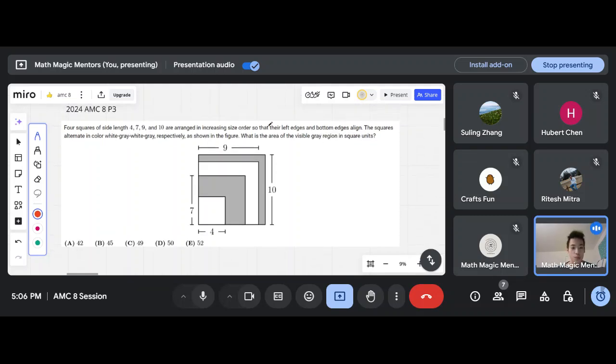Because we want to find the area of the visible gray region in square units, we can use a very nice strategy that you can also use for harder problems, which is subtracting the area of a big area.